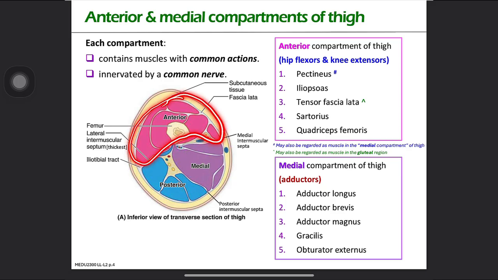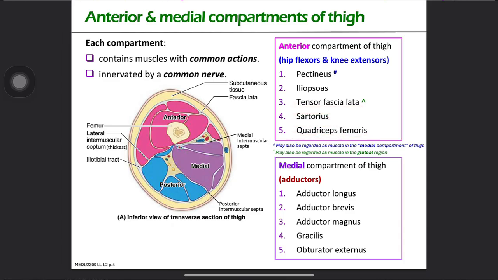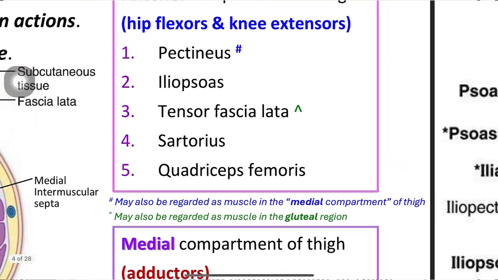So they are basically the hip flexor and the knee extensor. So what do we have? We have the pectineus, iliopsoas, the tensor fascia lata, sartorius, and quadriceps femoris. You see, I make many remarks there. Can you see that?